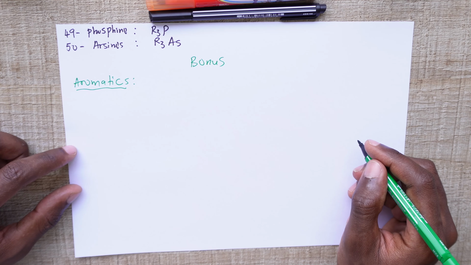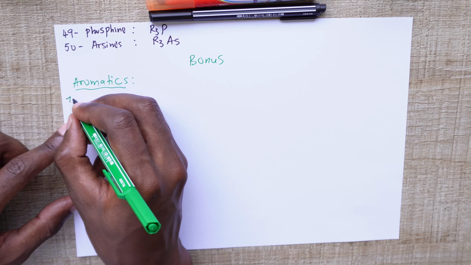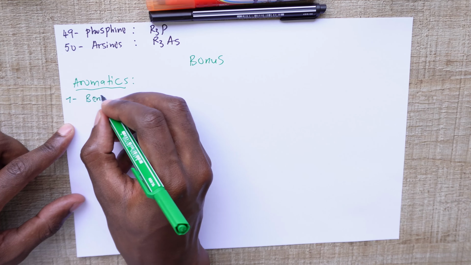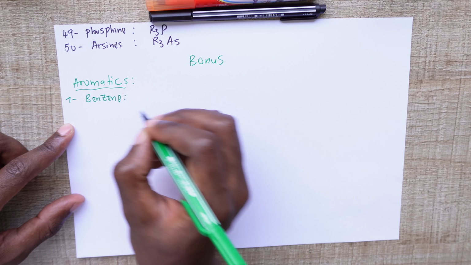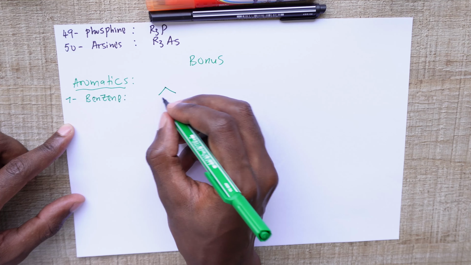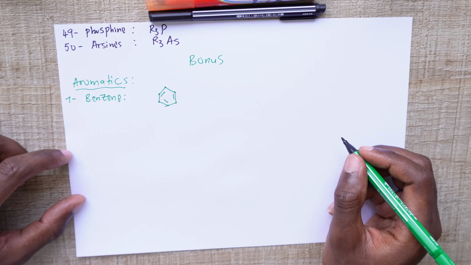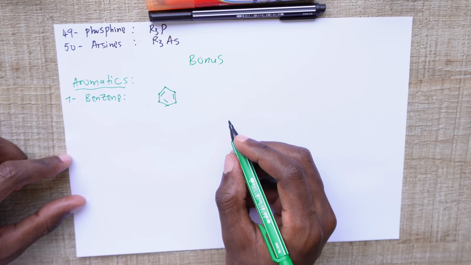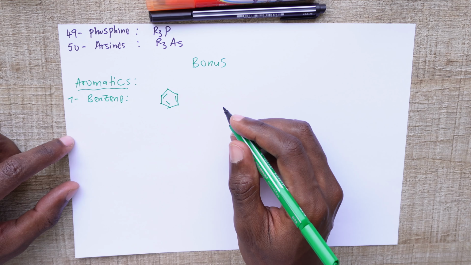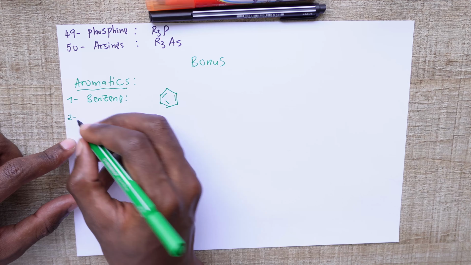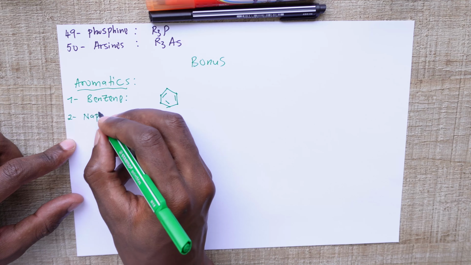Are you ready? Let's go. The first one is benzene. Of course, we don't present it again. So the famous ring. Very beautiful. I like this calculated structure of benzene. Hope you too.